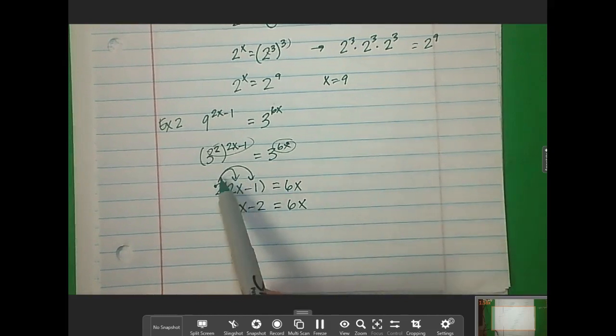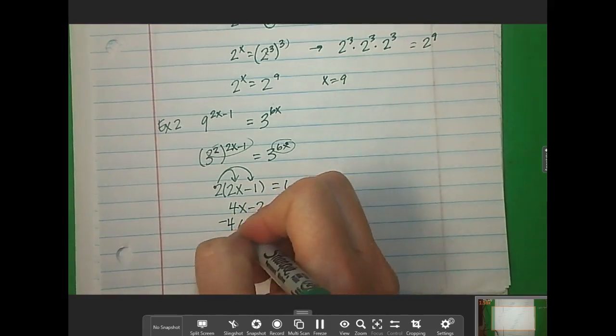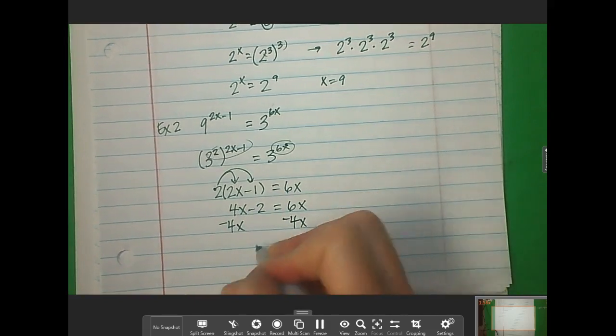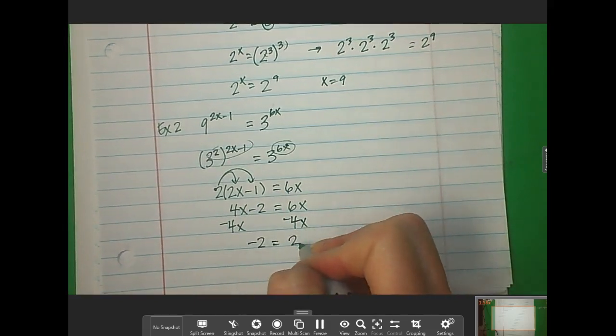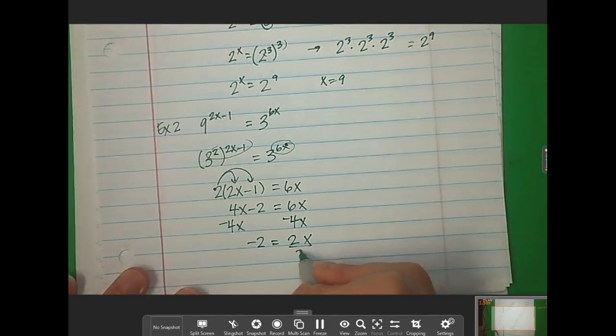All right, so multiplying the 2 through to everything, 2 times 2x is 4x, 2 times negative 1 is negative 2. And then we want all the x's on one side and numbers on the other. So now what's my next step? Add the x's. Okay, then? Divide by 2. Yep.